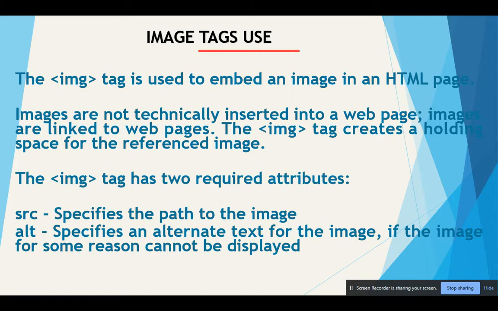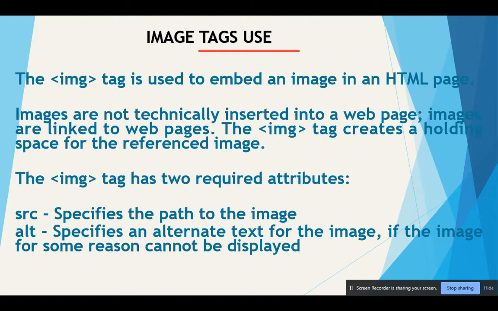Src is the path where you add your image path, where you placed it. Alt is the alternate text that will be displayed in your web browser if the image is not present at your path, or for some reason cannot be displayed.